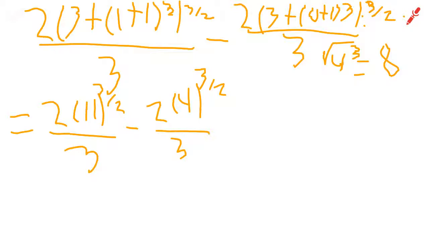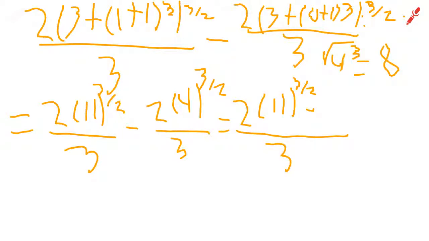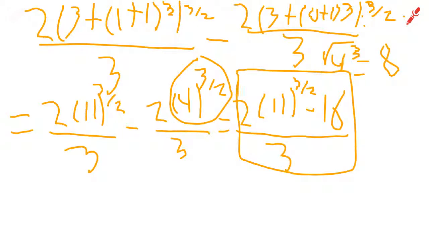Alright, so now we have that, we can continue simplifying, and since we have the same denominator, we can just put it in the same place. So this will be 2 times 11 to the power of 3 halves minus 2 times 8, which is going to equal 16, all over 3. And this should be our final result.